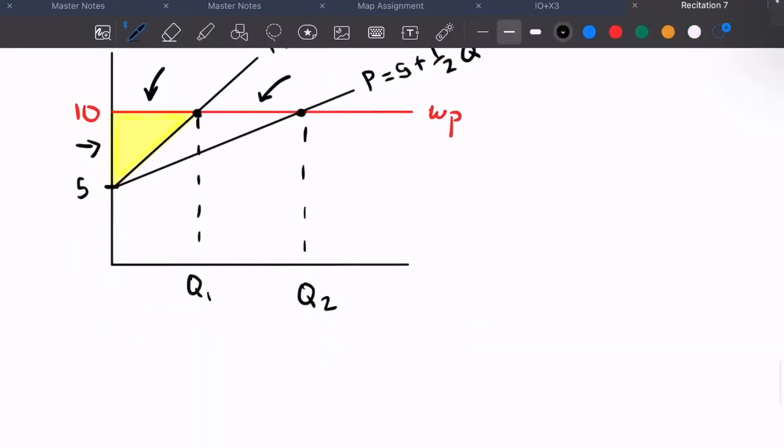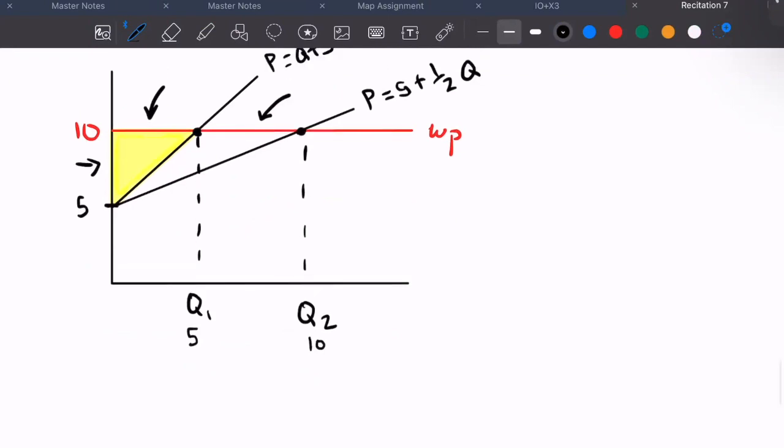And we know this because Q1 is equal to 5, Q2 is equal to 10. But if the first producer is already producing 5, even before the cap and trade scheme, then we know that he's not going to care. So he's just going to keep producing 5, and he's going to end up with the same surplus.